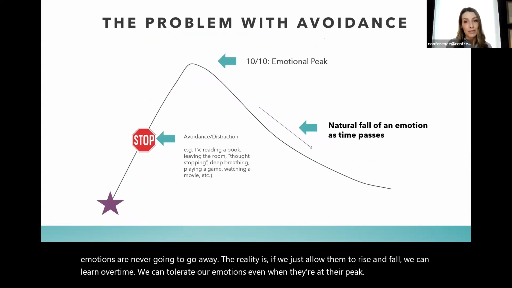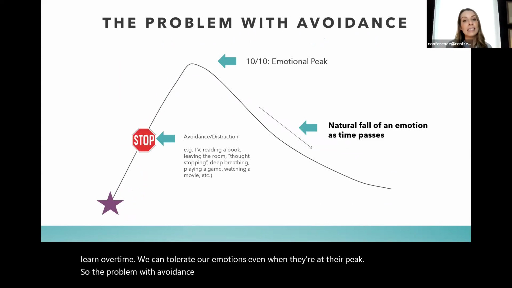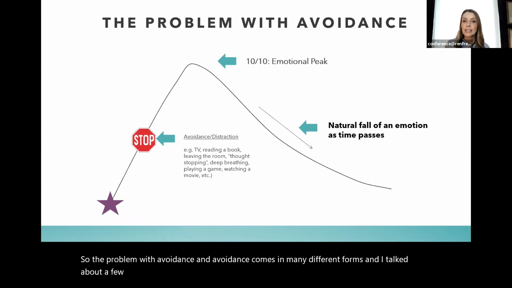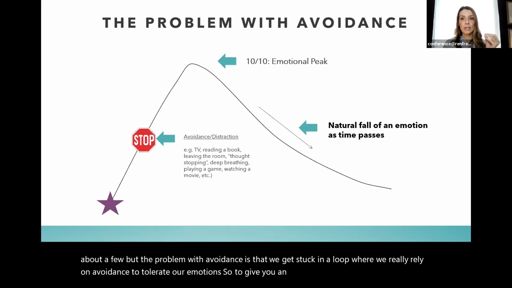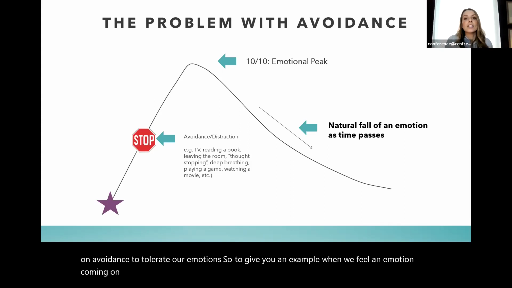So the problem with avoidance, and avoidance comes in many different forms, is that we get stuck in a loop where we really rely on avoidance to tolerate our emotions. To give you an example, when we feel an emotion coming on, sensations in our body start to activate, our heart maybe starts to race, our stomach flips, we feel tense.